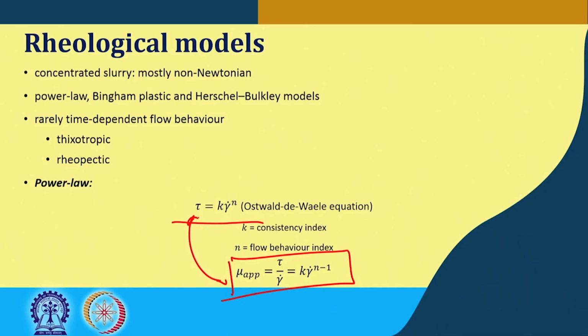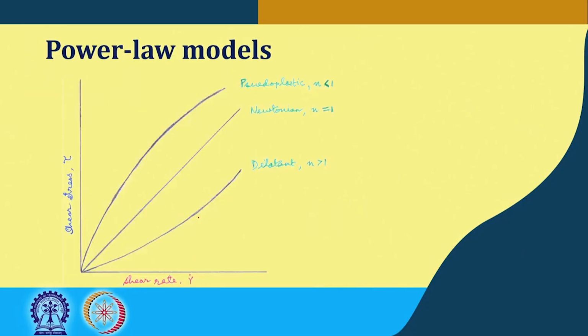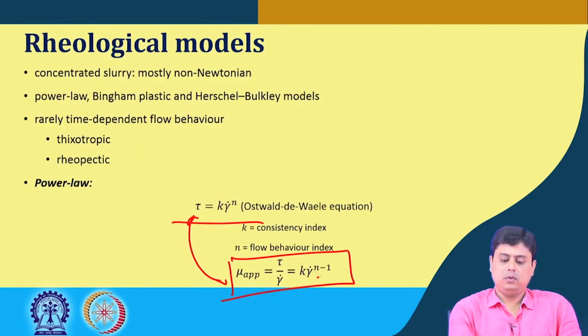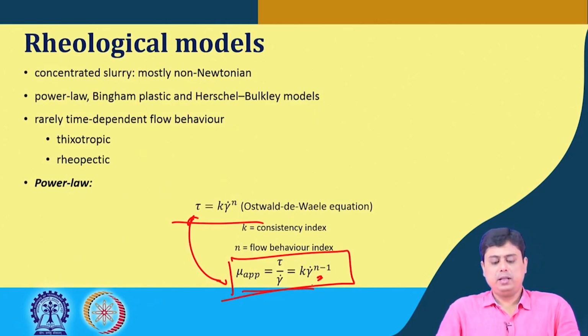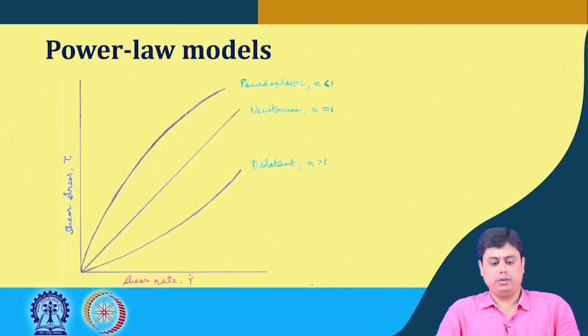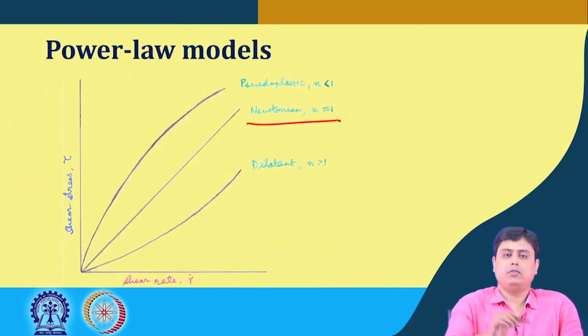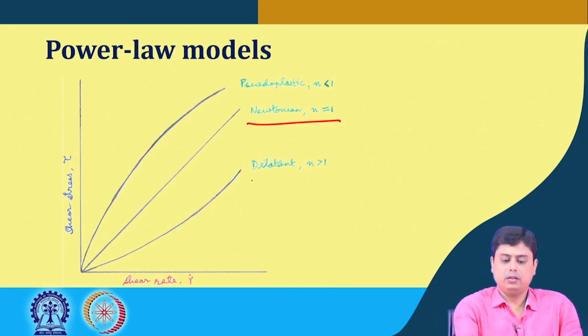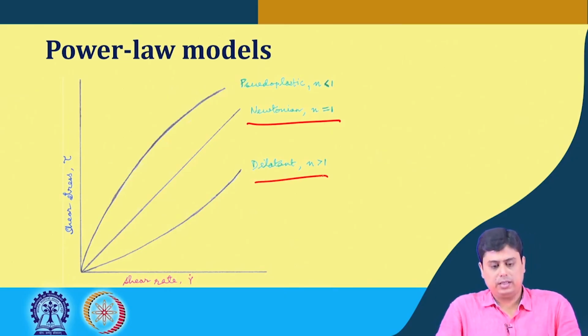Now we can see from this schematic how this relation varies. When the flow behavior index n is equal to 1, K becomes mu, which is the Newtonian fluid. For n greater than 1, these fluids show shear thickening behavior, and we call them dilatant fluids.